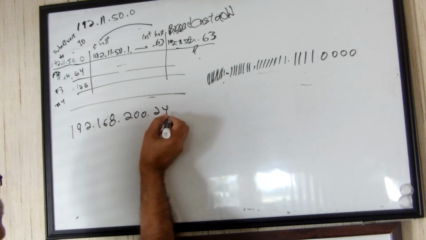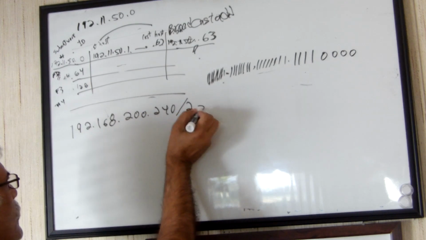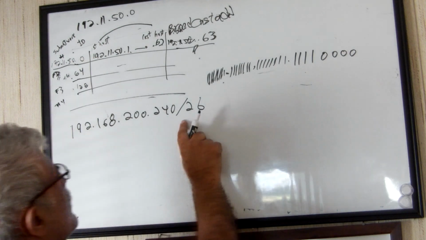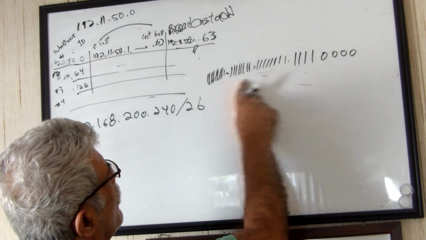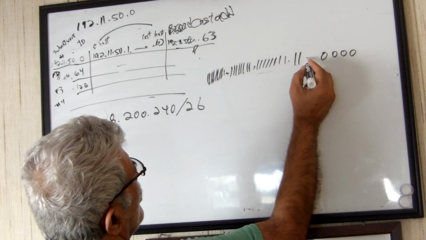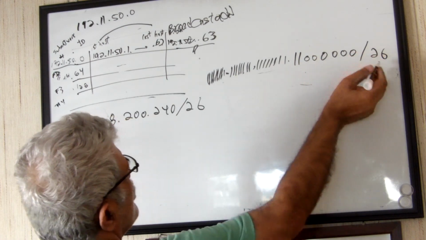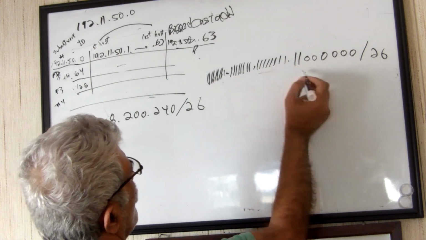220, 240, that is /26. 24 plus 2 is going to be 26. This is the same as the 26. 26 means there are 26 ones.